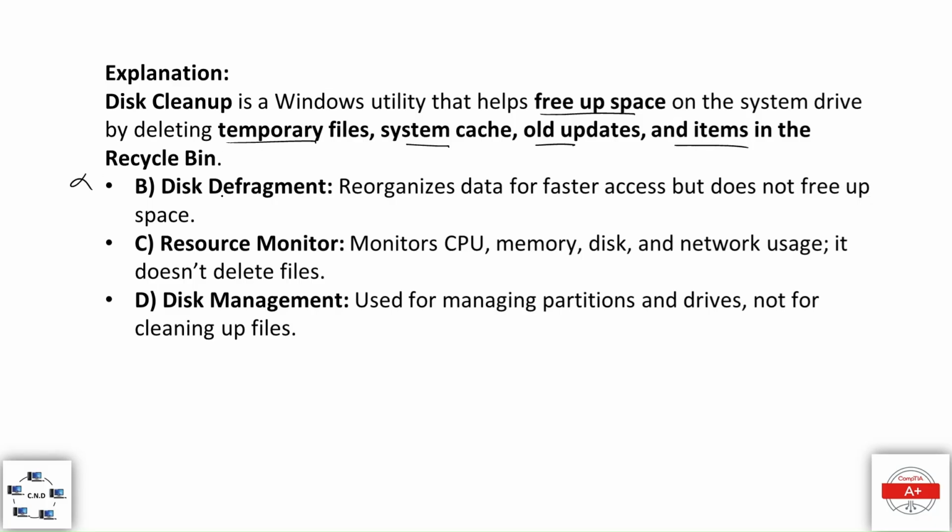Incorrect options: disk defragment reorganizes data for faster access but does not free up space. Resource monitor basically monitors CPU, memory, disk, and network usage. It does not delete files. And disk management is used for managing partitions and drives, not for cleaning up files.